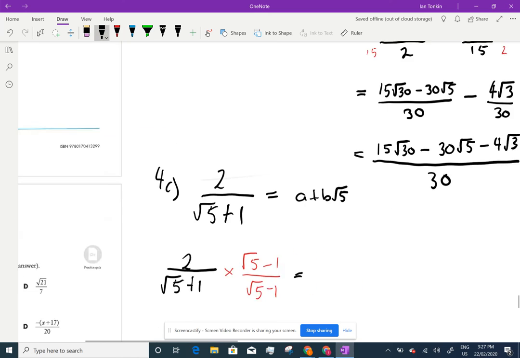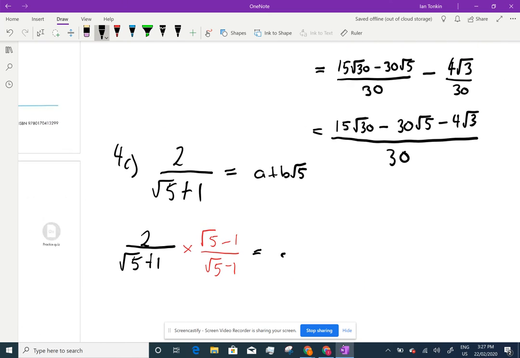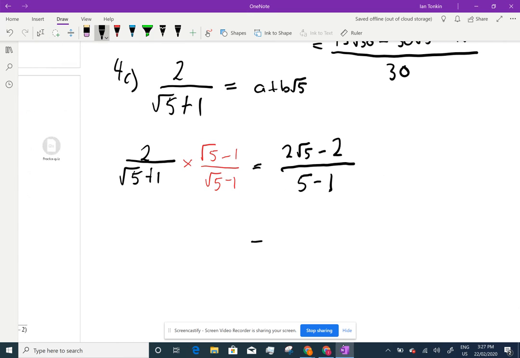Now the bottom's pretty easy. Root 5 squared is 5 and 1 squared is 1. On the top I'm going to get 2 root 5 minus 2. Okay, that gives me 2 root 5 minus 2 on 4.